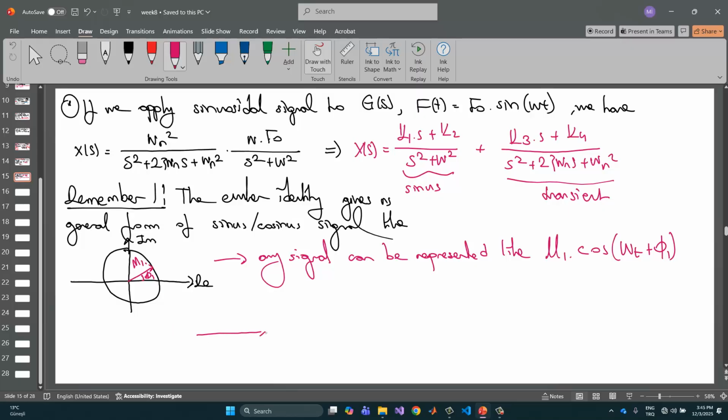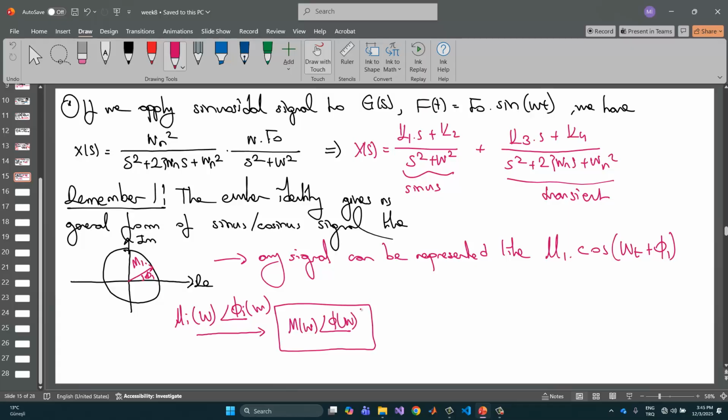We have the input signal in here, just like this one: Mi of w, and in polar coordinates, phi i of w, right? And we have a system. If this system has the S or transfer function domain, then we also have M of w and phi of w, right?